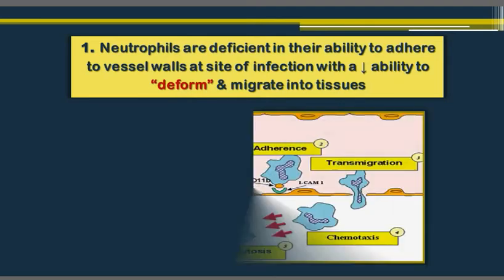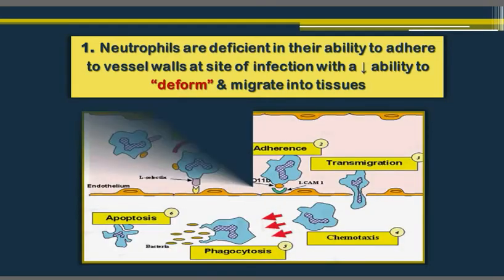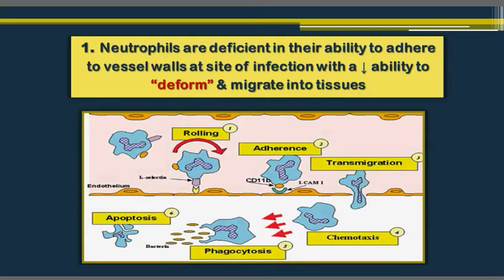You can see here in this picture, the first process is the neutrophils adhere to the vessel wall and transmigrate through the vessel wall to the side. Then the process of chemotaxis, phagocytosis, and apoptosis follows.